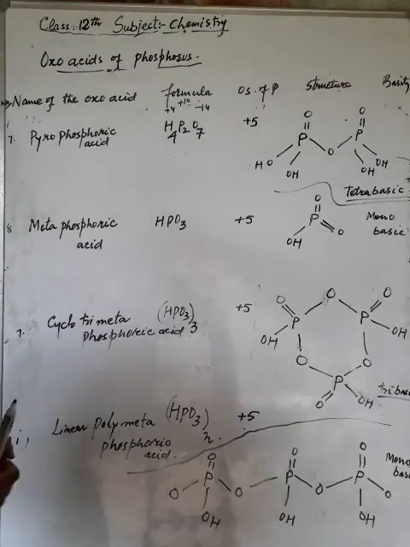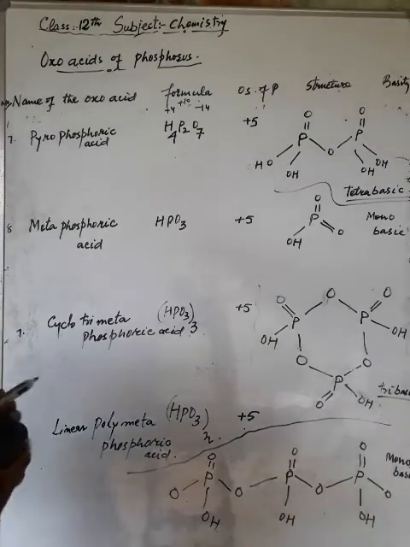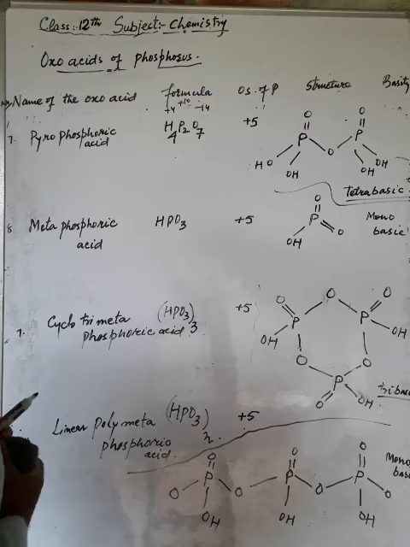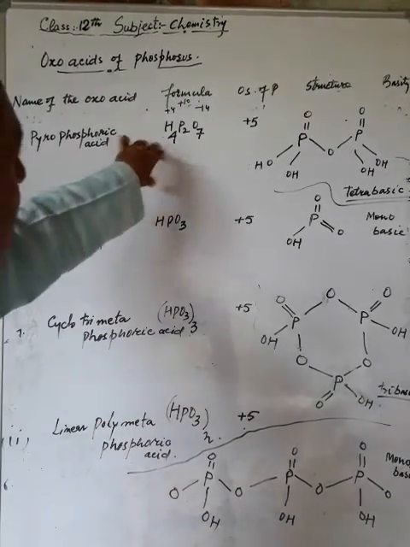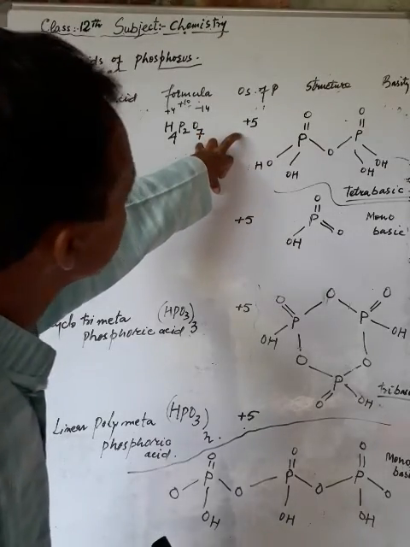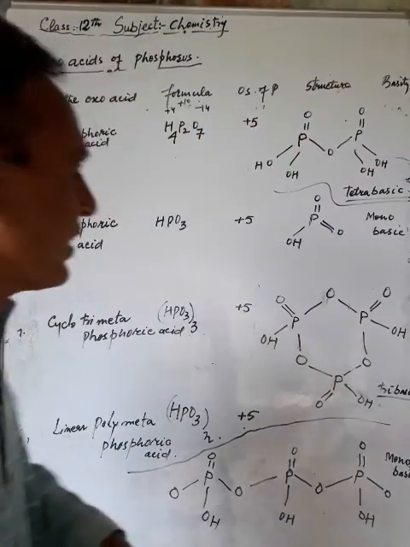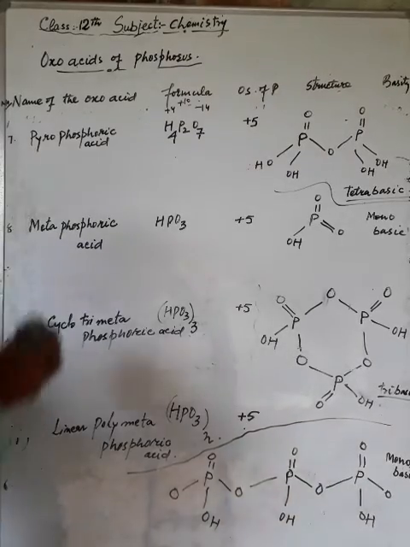So these are some of the important oxoacids of phosphorus, and in this we have written their formula, we have shown their oxidation state, their structure, and their basicity. Thank you.